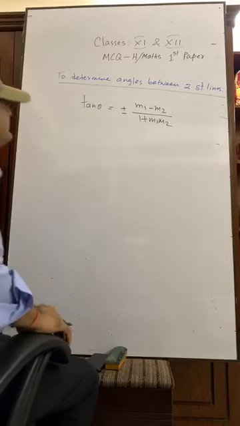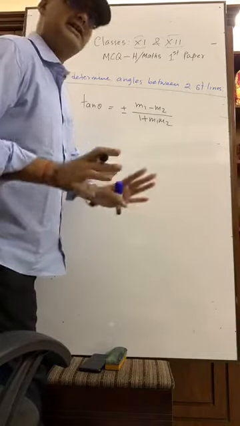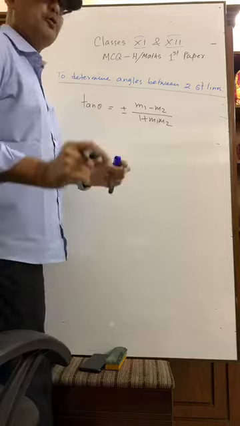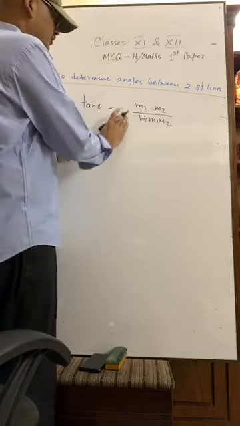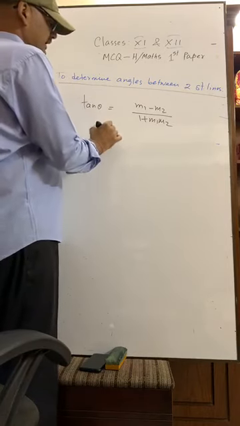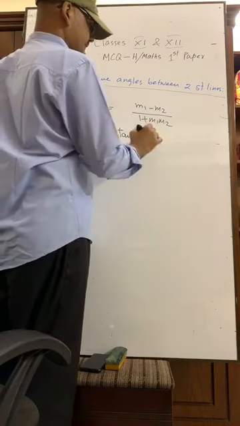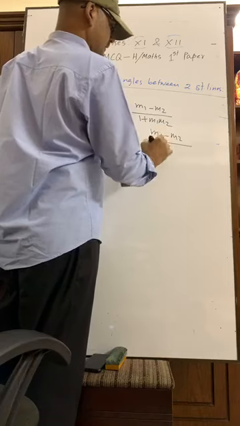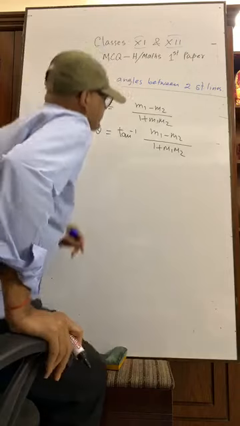Now see, for a while let us think that there is no plus or minus. Forget it. Okay. So what is theta? Theta equals tan inverse of m1 minus m2 by 1 plus m1 m2.